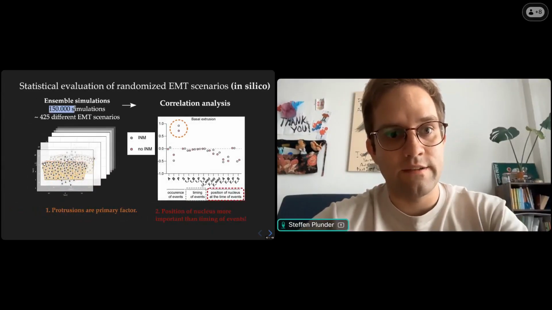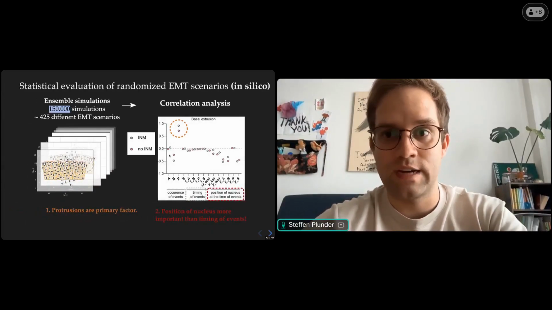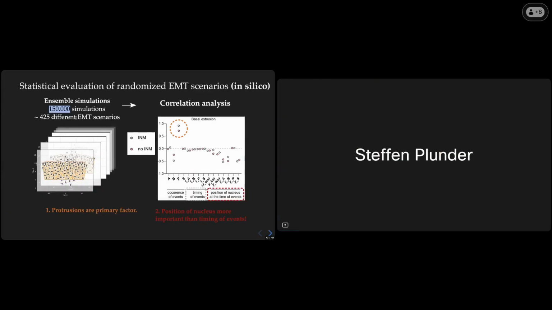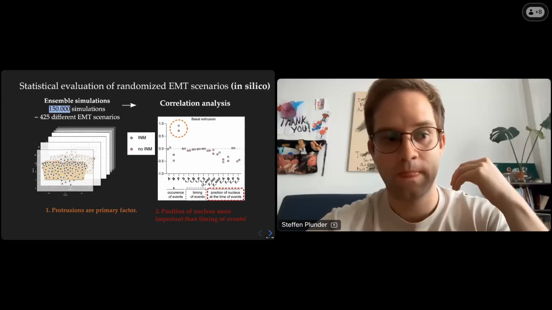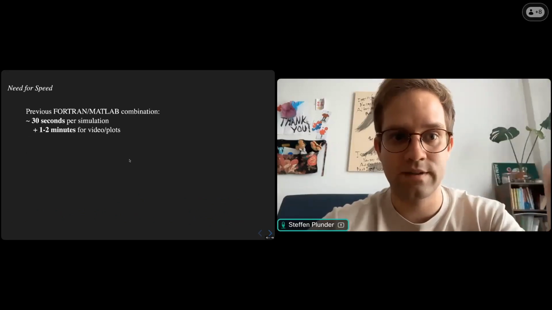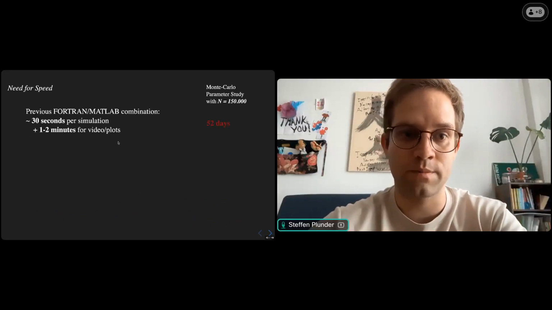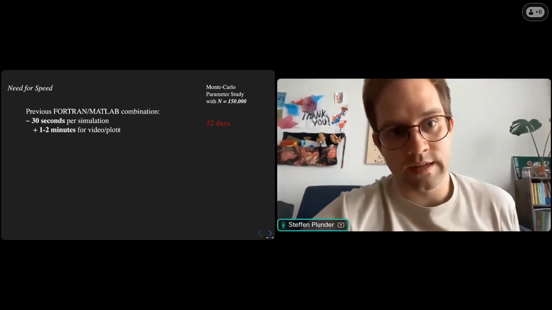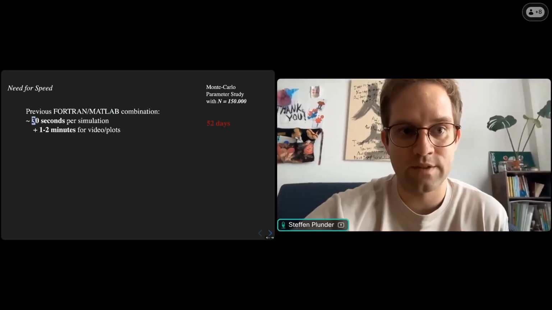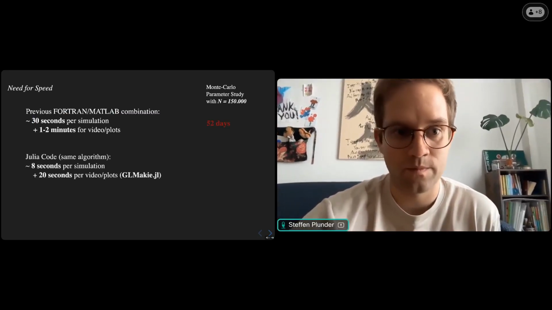Here I have written that we ran, so to get these kind of correlation analysis, and to connect this to the numerical method I told you about earlier. So when I came, there was a Fortran-MATLAB combination which somehow had the effect that running one simulation was 30 seconds per simulation.